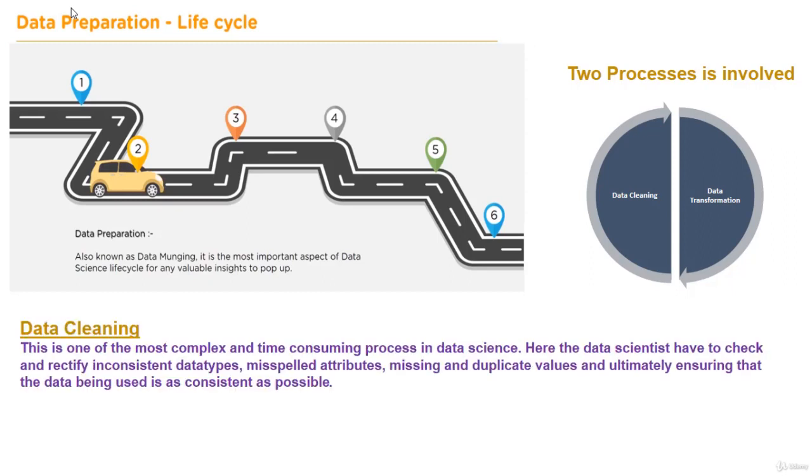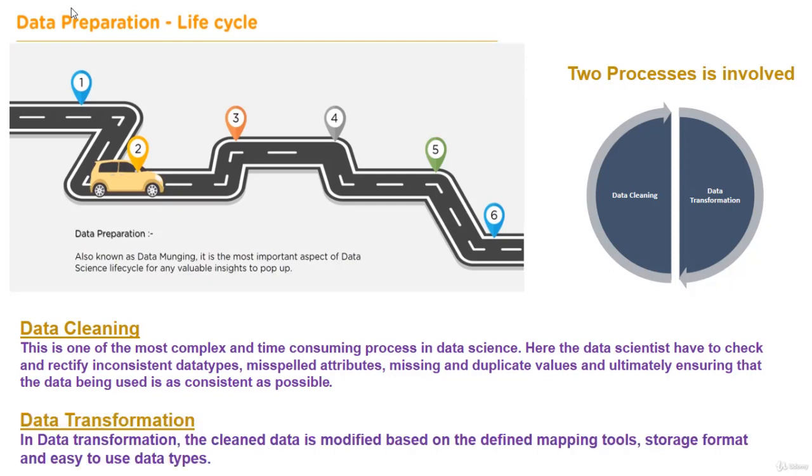In data cleaning, the data scientists usually try to rectify the inconsistencies in data types, misspelled attributes, missing and duplicate values, and ultimately ensure that the data being used is as consistent as possible and won't cause huge margin errors during model building.